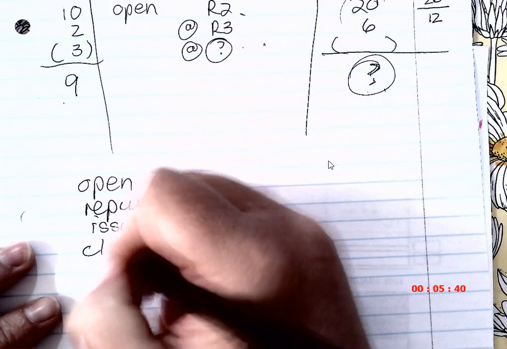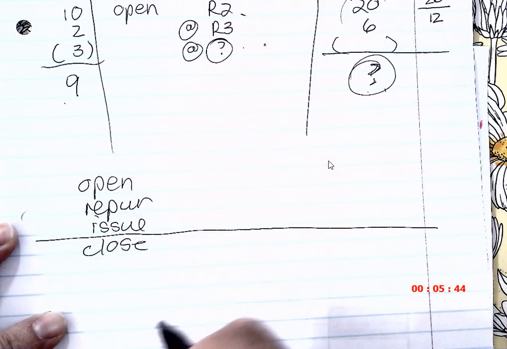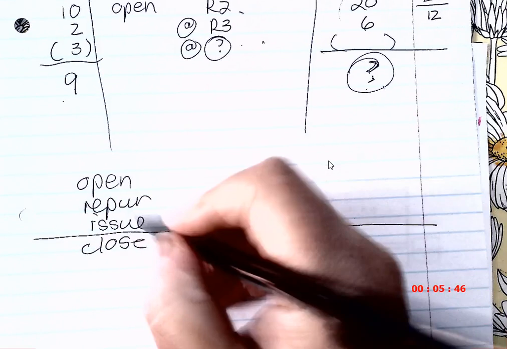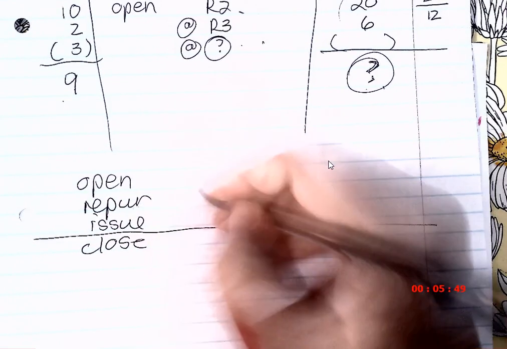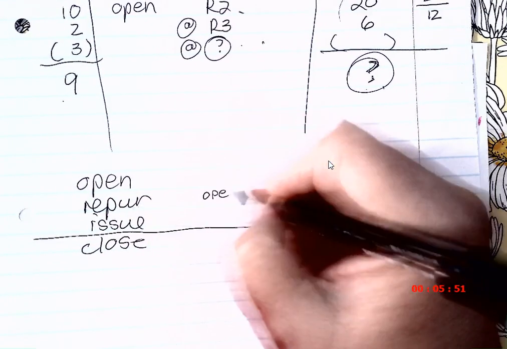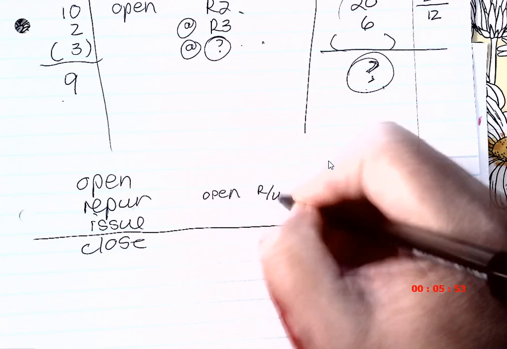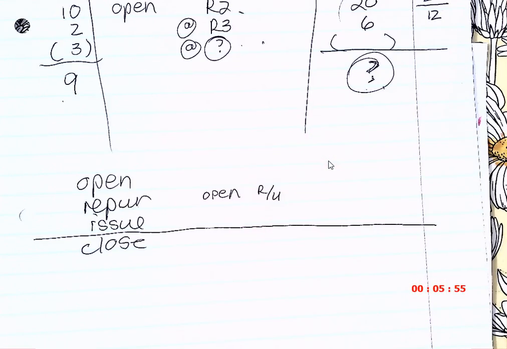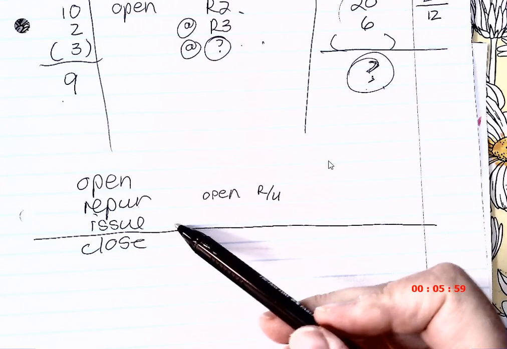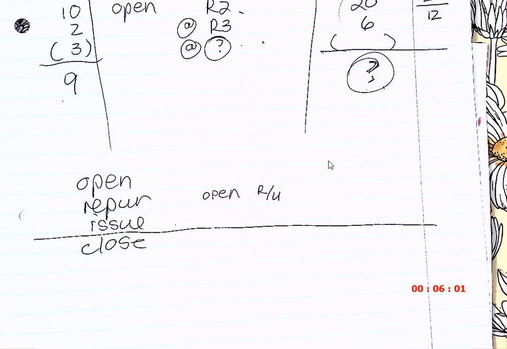Can you see now the repurchase and the issue swap? Then the only way for me to get that average is to say the opening, the rand divided by the units. Then it's only got one method. There's no other method, because the moment I issue, the average price changes. Okay.